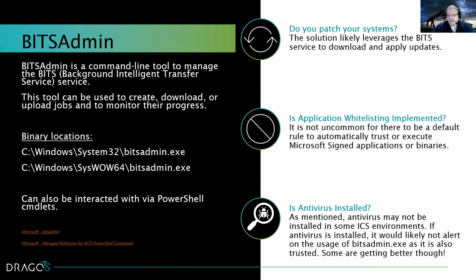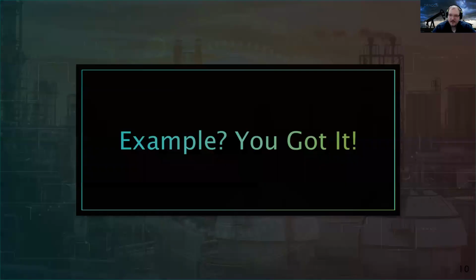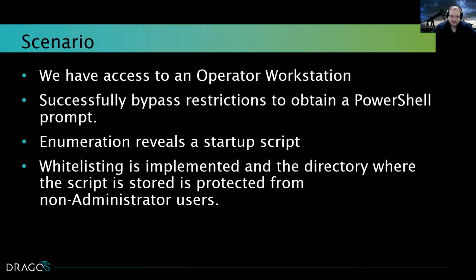In talking about BitAdmin, you're probably asking me, do I have an example? Of course I do. So let's paint the following scenario. We have access to an operator workstation. This operator workstation could be running an HMI or a DCS in full screen view. There's not an easy way to get rid of it.